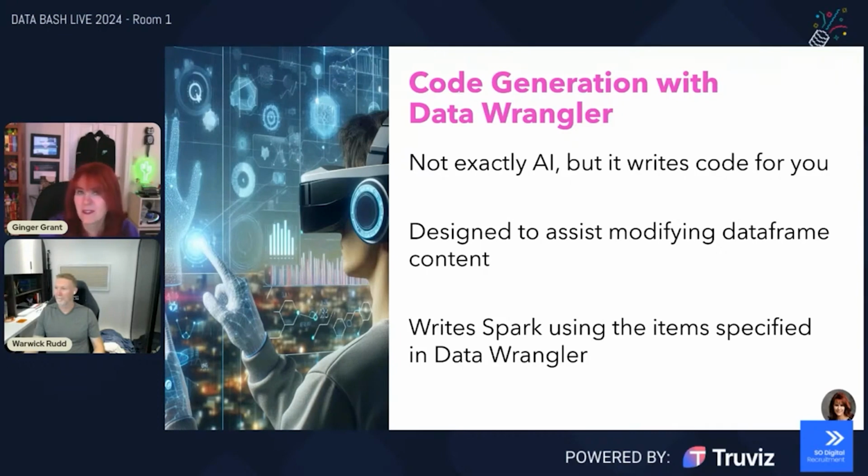But Microsoft has included some code generation tools inside of Fabric that are really pretty cool, especially if you are trying to learn how to use Python and you've not been familiar with it. It's a neat feature that you can use with Data Wrangler. Not exactly AI, but it writes code for you, so that's good stuff. It's really designed to help fix up your data. So any kind of problems that you might have with data formats or the way you brought it in, you can have Data Wrangler write that code for you in Spark.